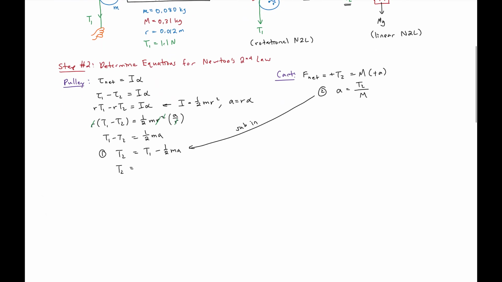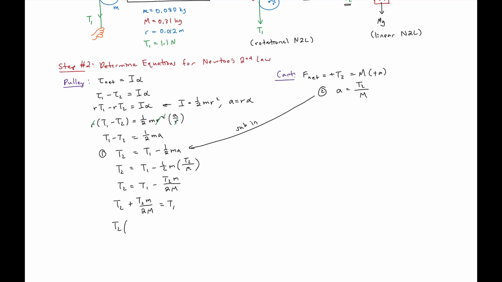Scroll down. T2 is equal to T1 minus 1/2 M times T2 over capital M. We have T2 is equal to T1 minus T2 M over 2 capital M. That means T2 plus T2 M over 2 capital M equals T1.